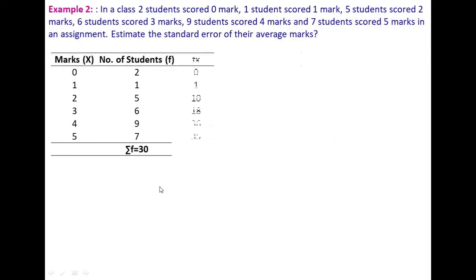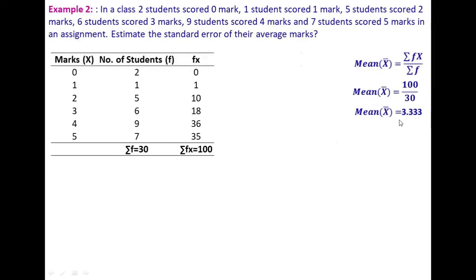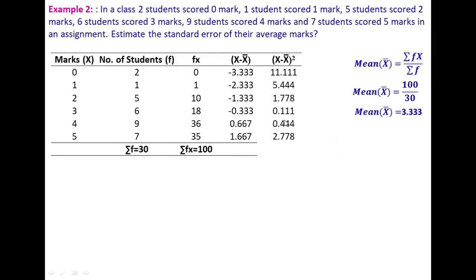In the next column, we will multiply the number of students with their respective marks, and the summation of fx is 100. Now using this formula, we can calculate the mean marks for these 30 students, which is 3.333. In the next column, we will calculate the deviation of their marks followed by the squared value of this deviation.